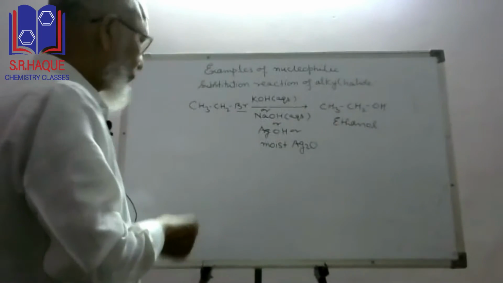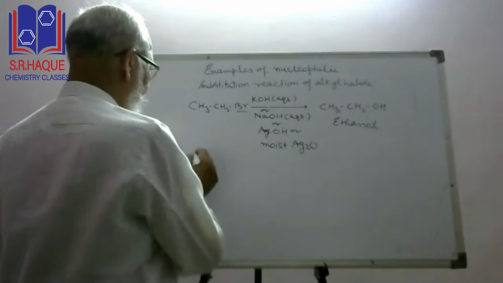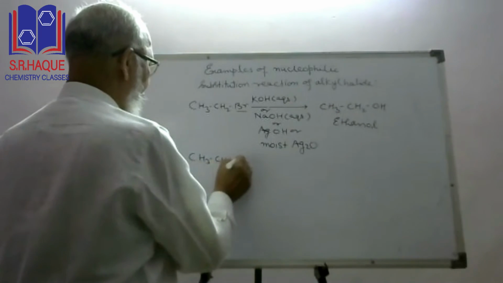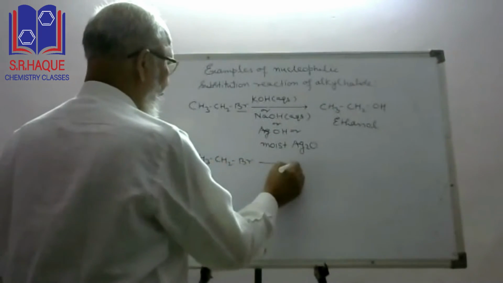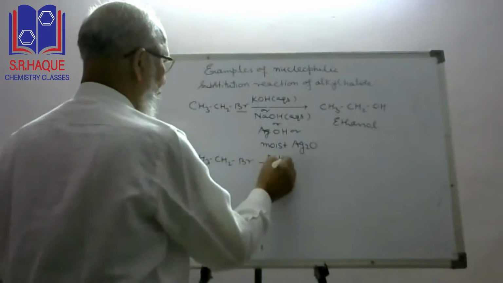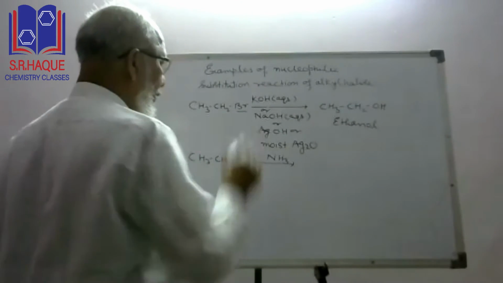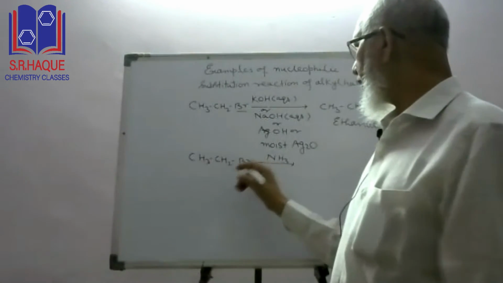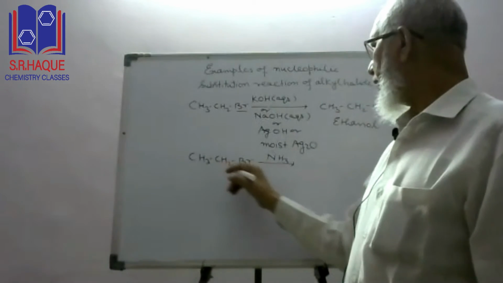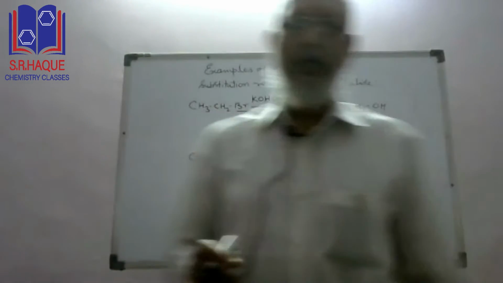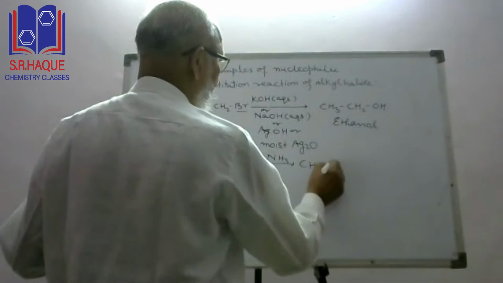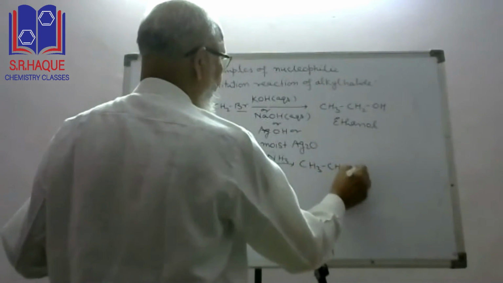Similarly, if this alkyl halide molecule reacts with ammonia, ammonia is a neutral nucleophile. Because of the presence of a lone pair of electrons in the nitrogen atom, this halogen atom is replaced by the NH2 group and there is formation of primary amine, CH3CH2NH2.